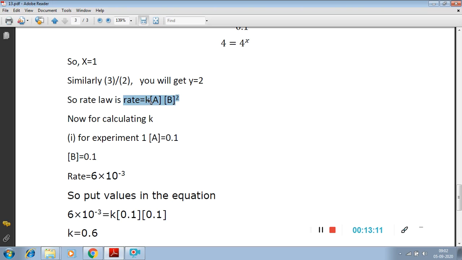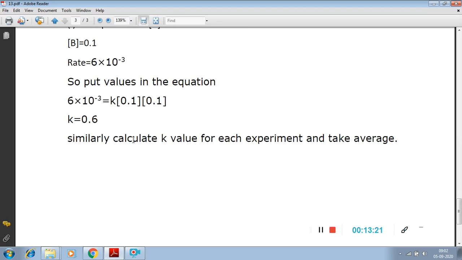So we can get the k value from that calculation, for experiment number 1. Now 0.1 raised to 2 is there, so you will get 6 here. k is equal to 6. Make a correction here: k is equal to 6 you will get.